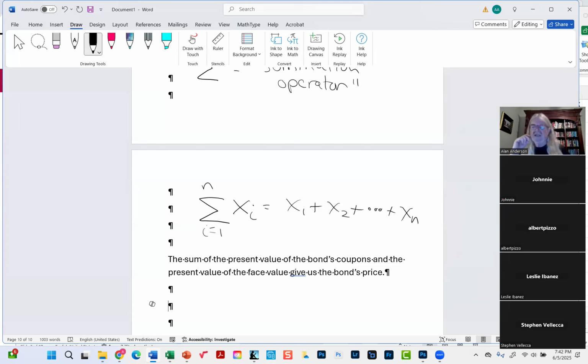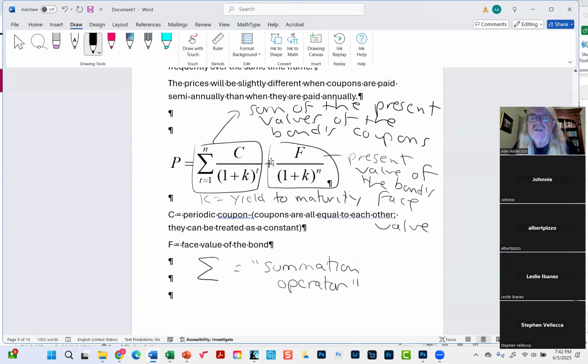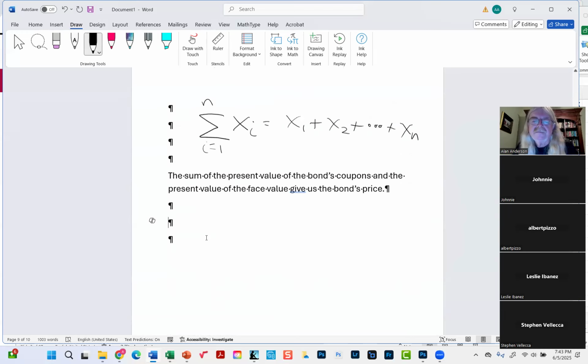We did a few examples by hand, so intuitively we know that this is right. So this is the general formula for pricing a bond. No matter how many coupons there are, we calculate all their present values, add them up, and then at the end we calculate the present value of the face value, which is received at the end of the lifetime of the bond, and that adds up to the bond's price. Now, this formula can be used whether the coupons are annual or semi-annual, it doesn't really matter. It's a general all-purpose formula. It's always going to work.